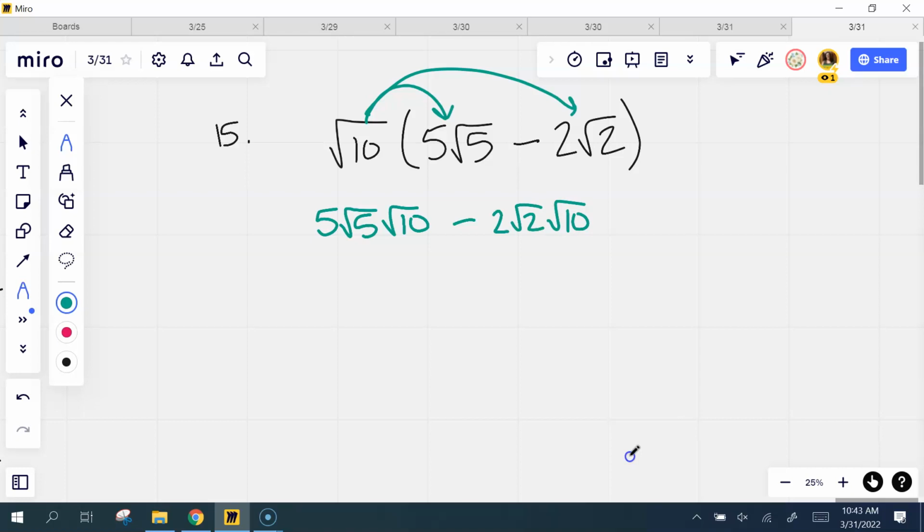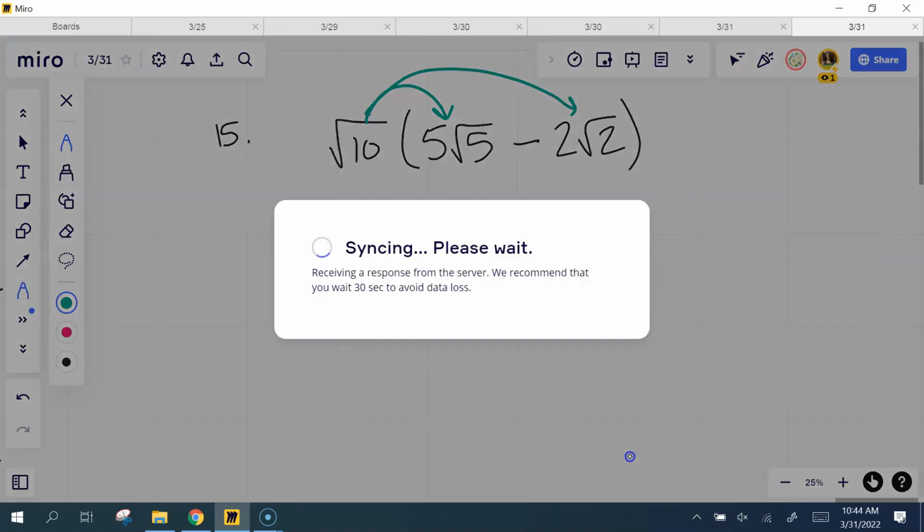Put what's under the radicals together. Remember, only when they're the same root can you do this. If this was a square root times a cube root, you couldn't put them together under the same radical. So be careful there. But this becomes 5 times the square root of what? 50 minus 2 times the square root of 20.